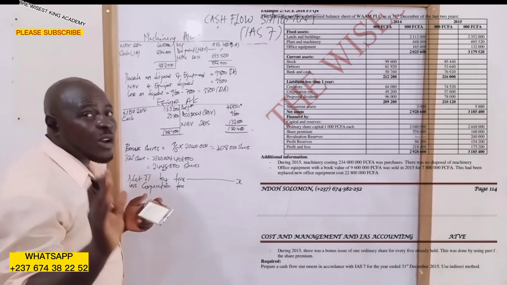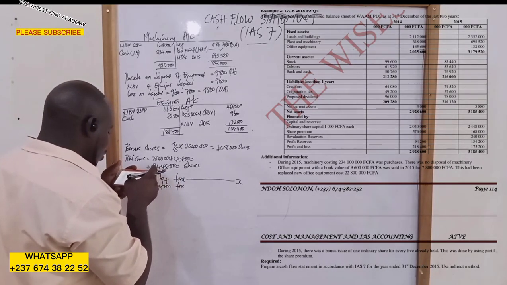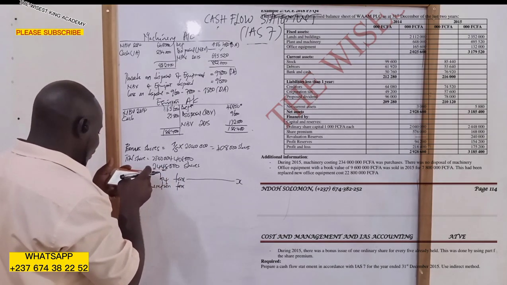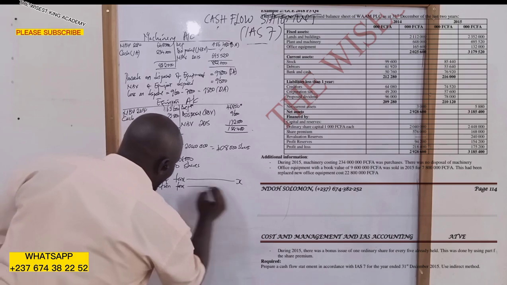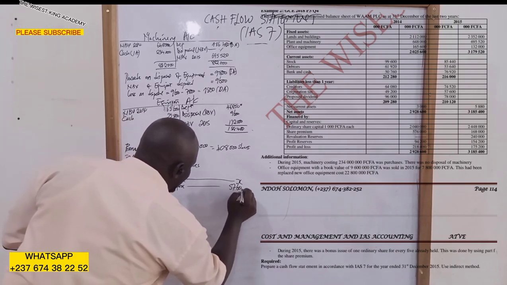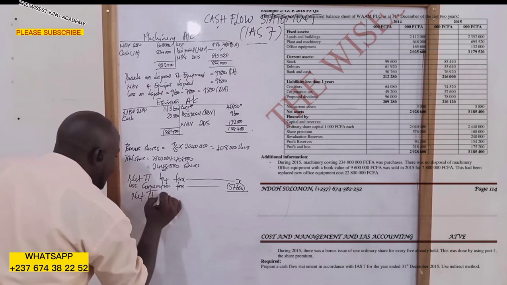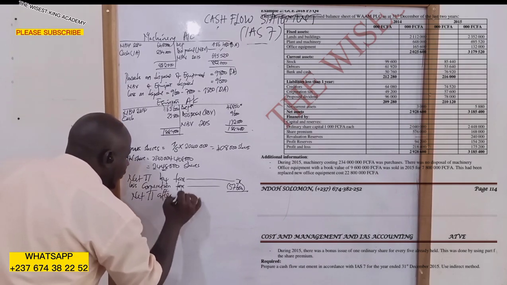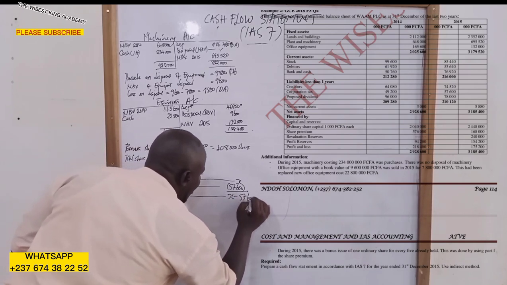We take it under current liability: corporation tax 2015, that's 57,600. We subtract. We have our net profit after tax. That's going to give us X minus 57,600.